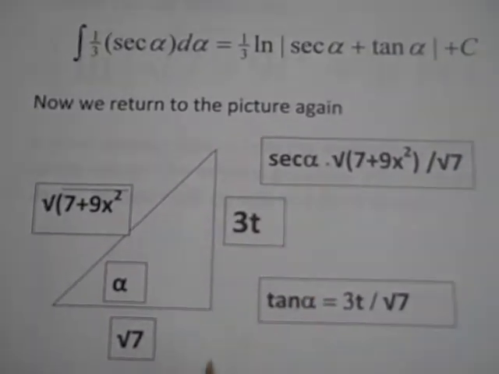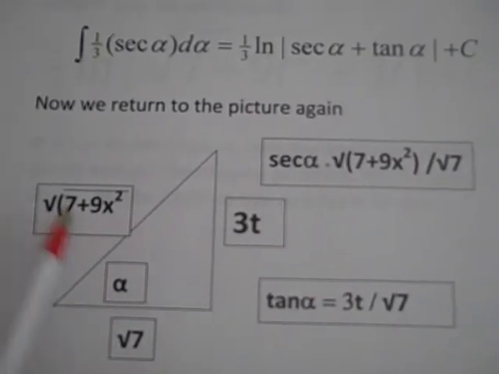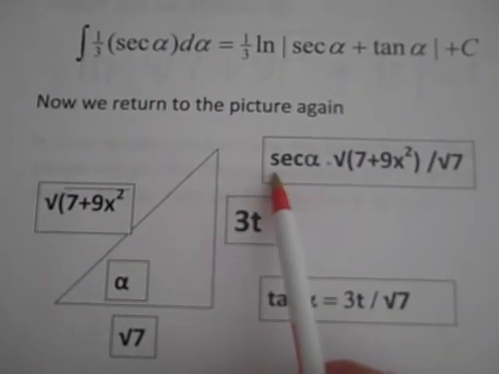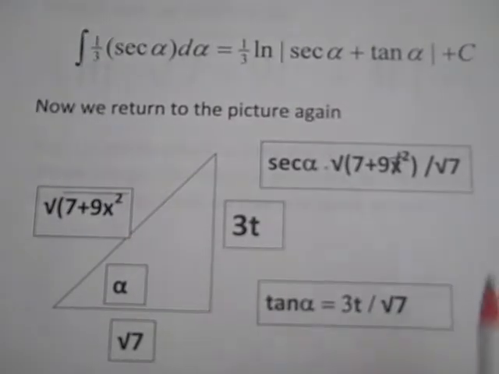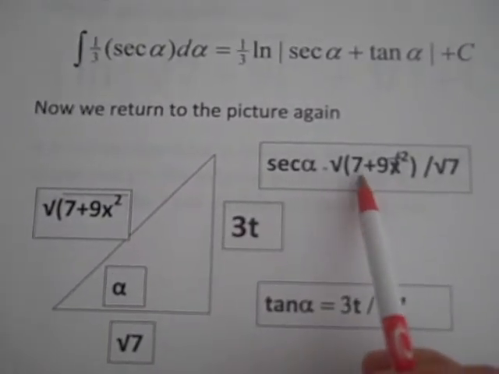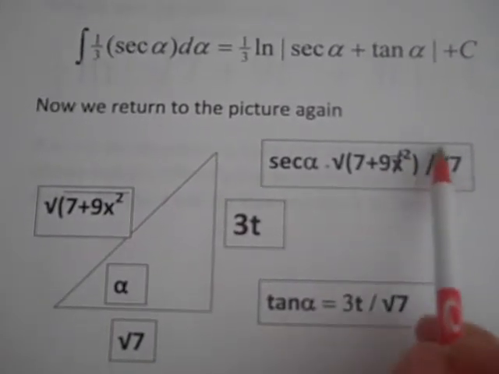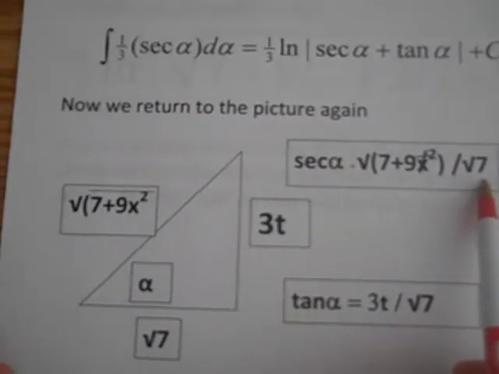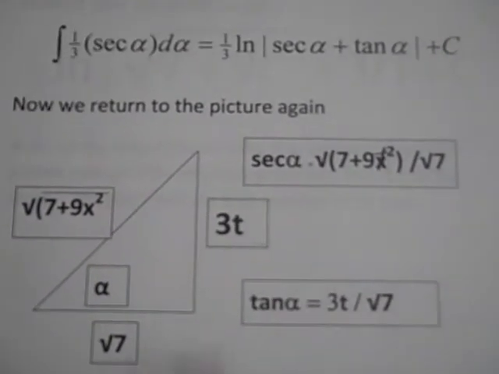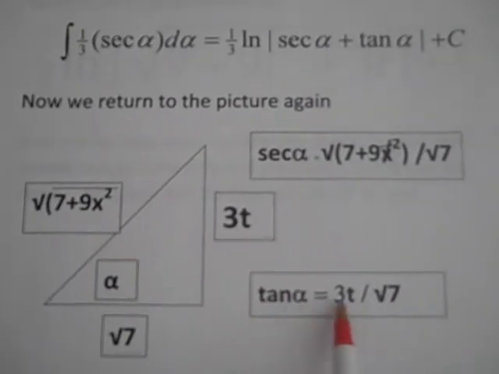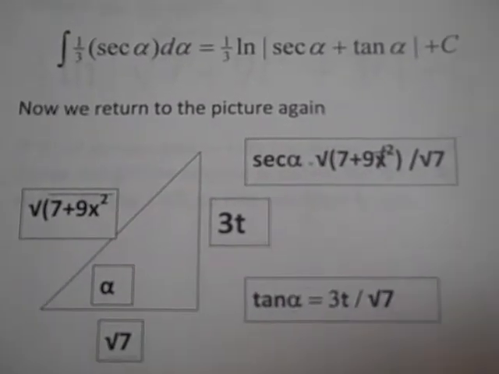Now remember, the secant is equal to the hypotenuse over the adjacent. So the secant of alpha, and again, this should be a t, sorry about that, should be the square root of 7 plus 9t squared divided by the square root of 7. And the tangent of alpha, remember, is the opposite over the adjacent. So the tangent of alpha is 3t divided by the square root of 7.